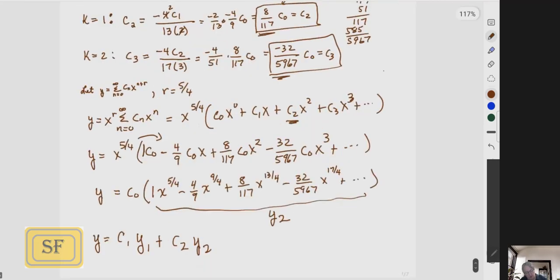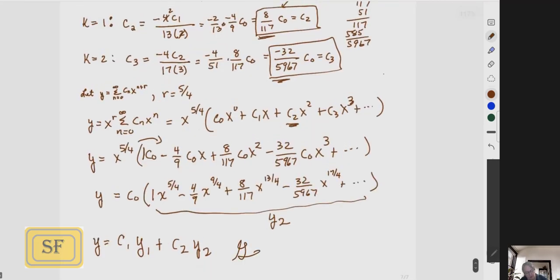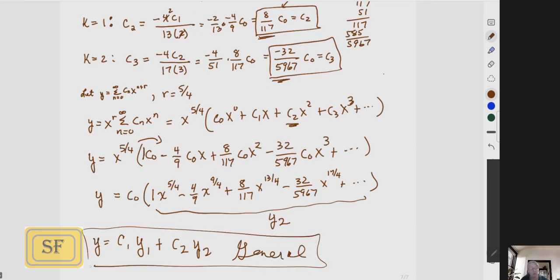So we have our general solution. I'm not going to write it out. In this question, it asks for 2 linearly independent solutions, and that's what we came up with.